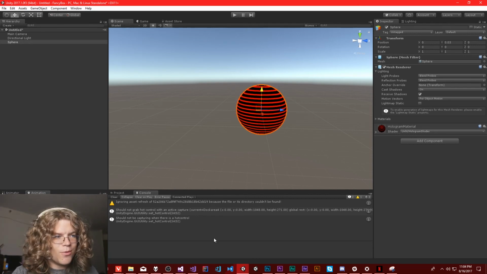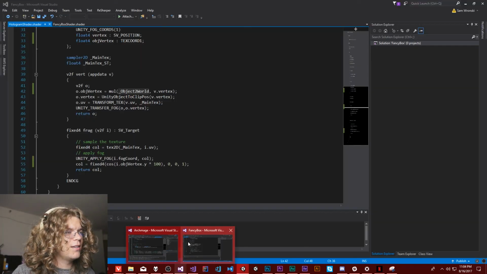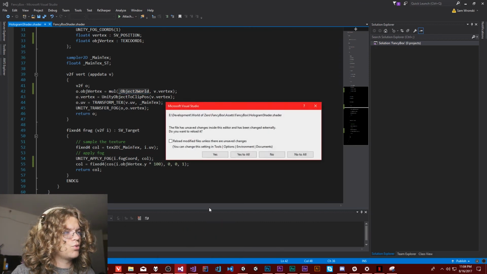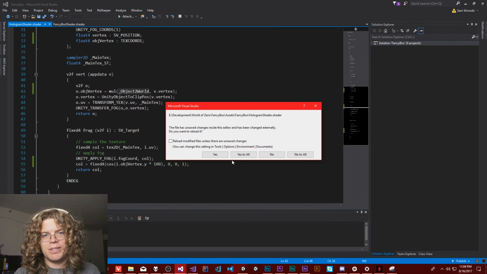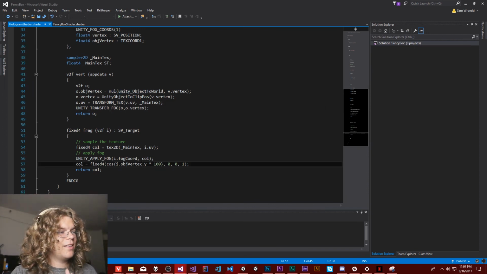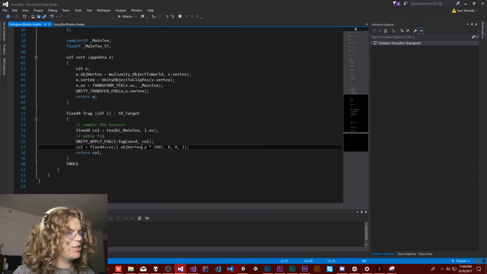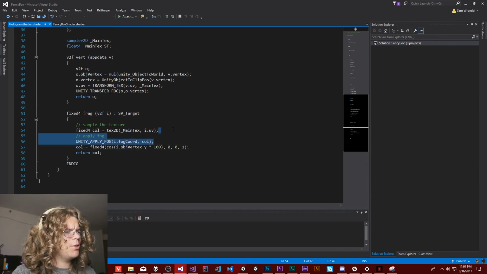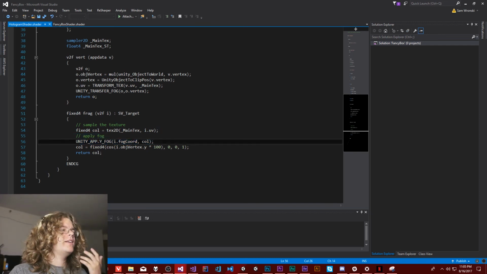The next thing we want is, what do we want? I think the next thing we want is probably alpha. We want that red. I'm actually going to drop the red, and I'm going to pull out the fog. Do I want to do that? So right now, Unity includes its fog multiplier.